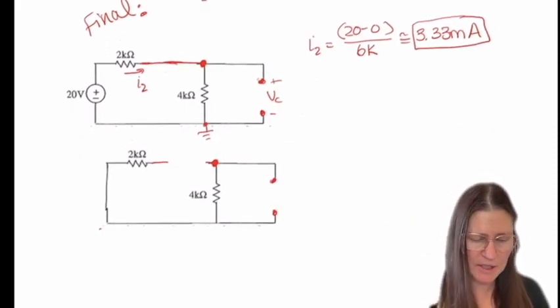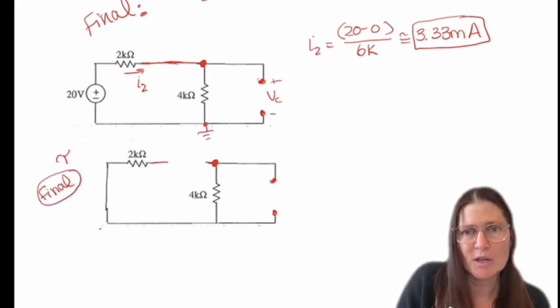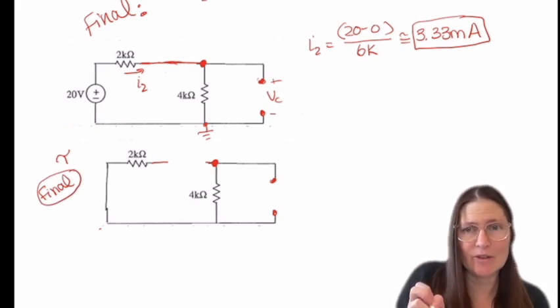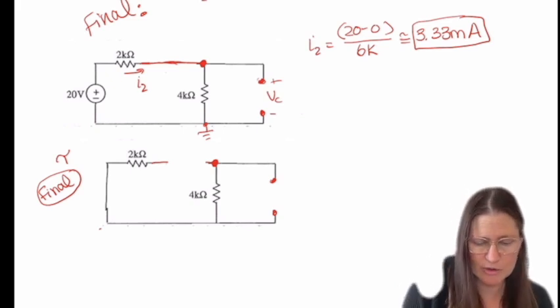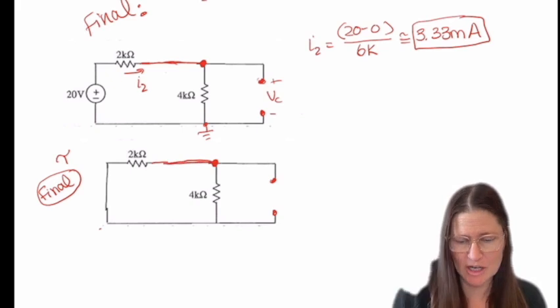The last step is finding tau. And remember, for tau, you're going to use the final position. Redraw the circuit again, leave out the element and leave out the switch. In the final position, the switch will be closed, and the capacitor sat there a long time, so it is again open.